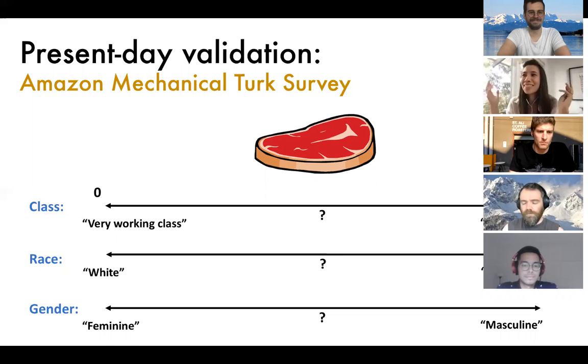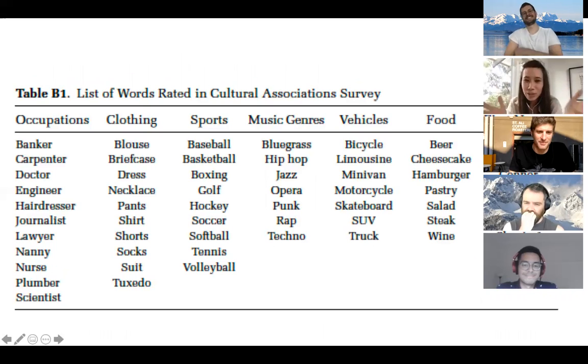And it's amazing what you can get paid to do on Amazon Mechanical Turk. But they did this for all these different words here, falling under all these different categories of cultural things.